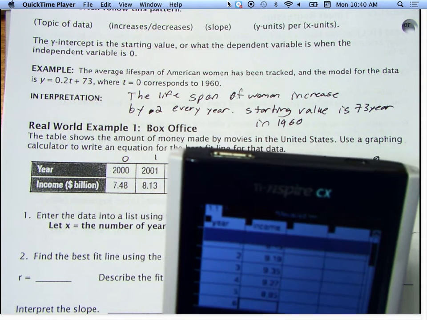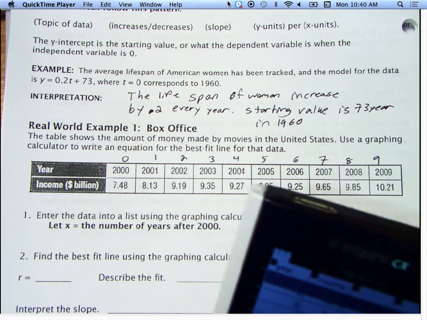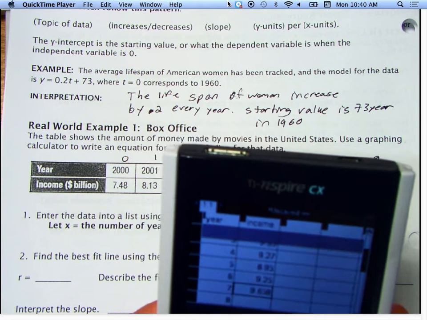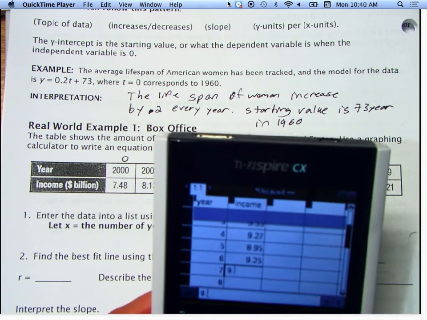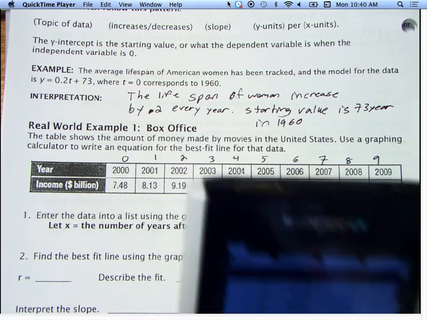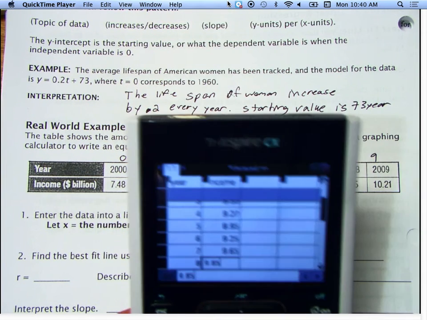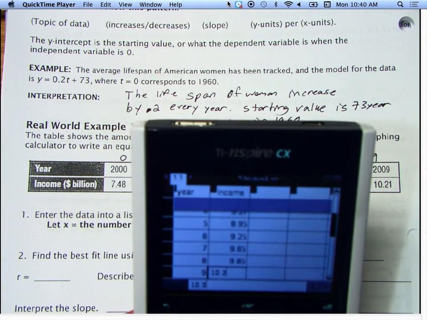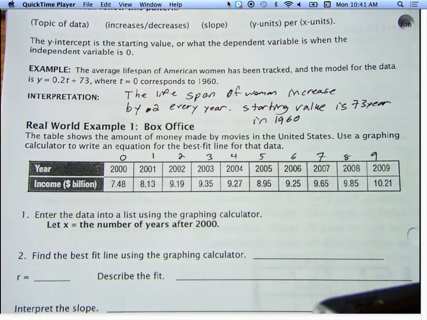Next to 6, 9.25. Next to 7, 9.65. I'm going to fix that, 9.65. Next to 8, 9.85. And finally, next to 9, 10.21. Okay. So I've got all this entered.